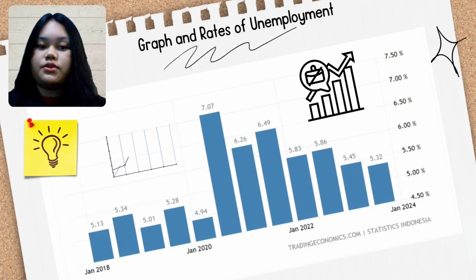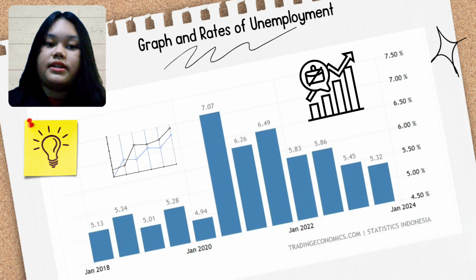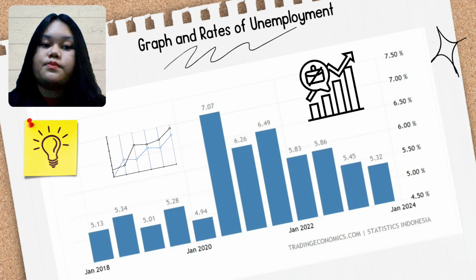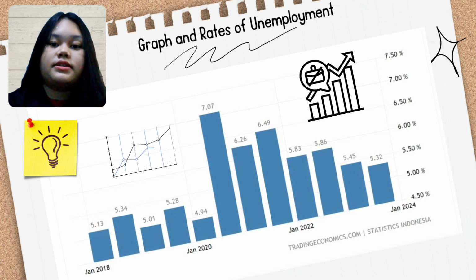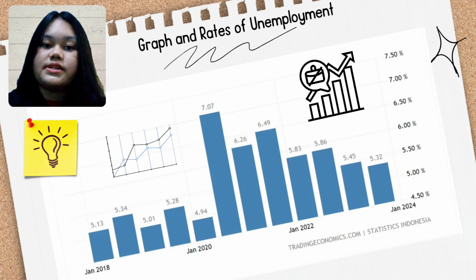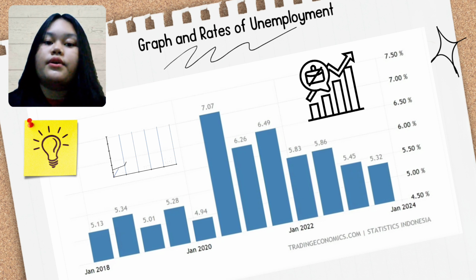In the first quarter of 2021, the unemployment rate in Indonesia increased to 6.26% from 4.94%. The unemployment rate in Indonesia dropped to 6.49% in the third quarter of 2021 from 7.07% in the same quarter a year earlier, amid an improvement in the local COVID-19 situation.